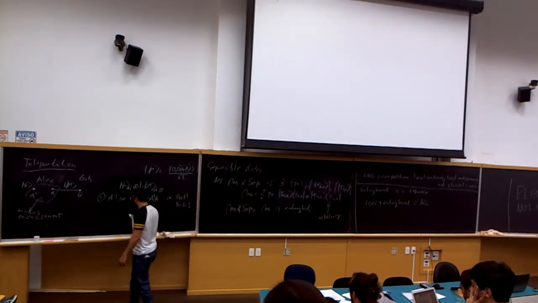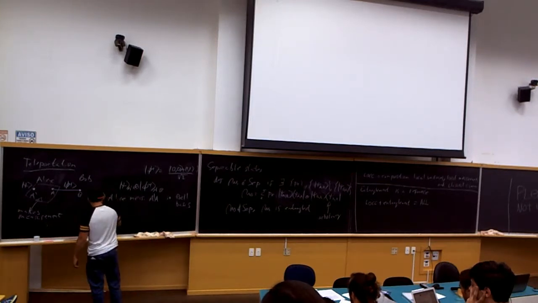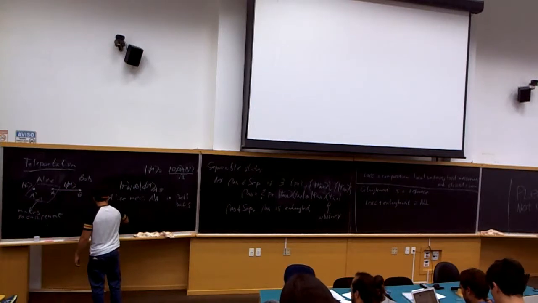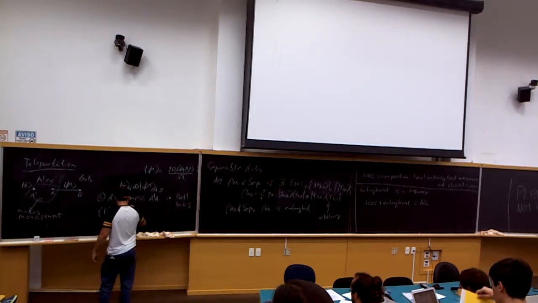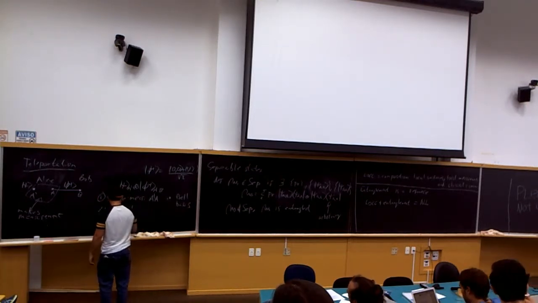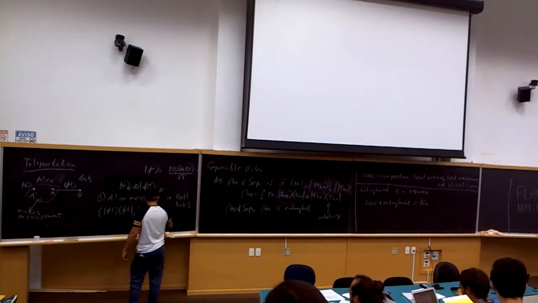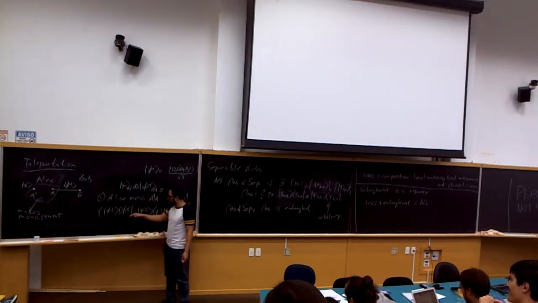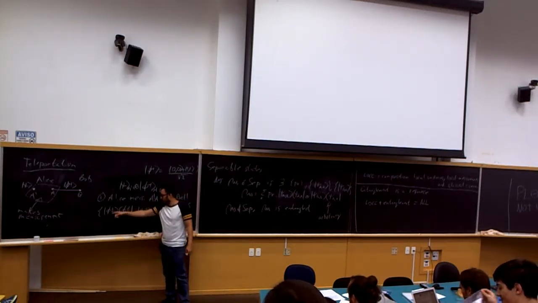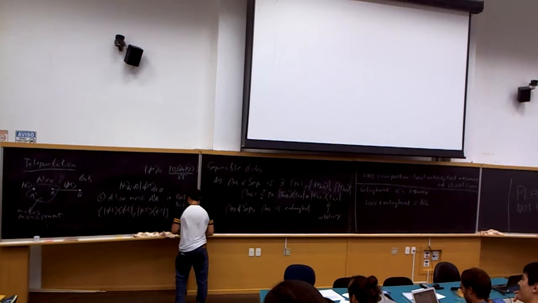And this Bell basis is just a projective measurement, right? With 4 rank 1 projectors, phi plus minus and psi plus minus, and they are just the Bell states.